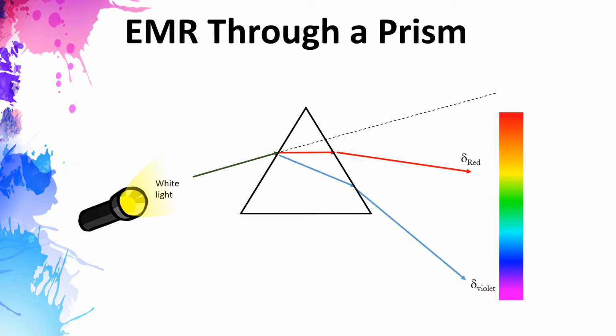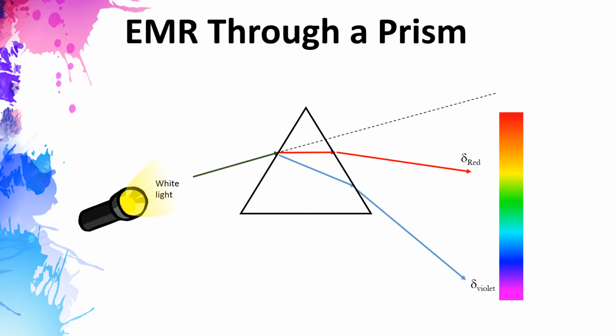This white light is also electromagnetic radiation. It has different frequencies, which is why it deviates at different angles. For example, red color is the lowest frequency part of this electromagnetic radiation, and the violet color is the highest frequency.